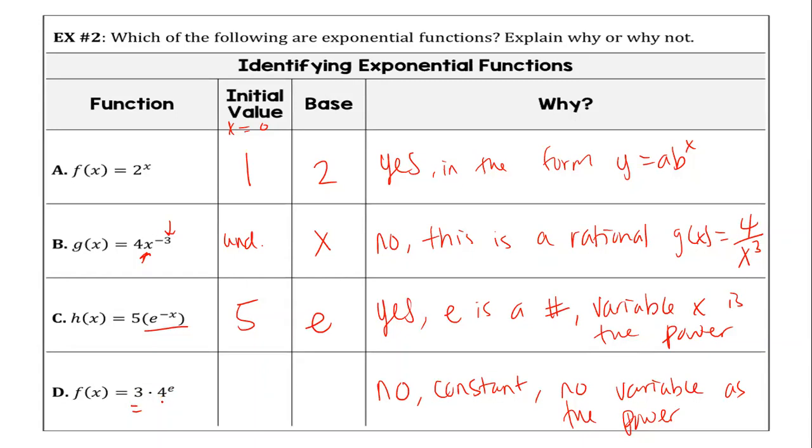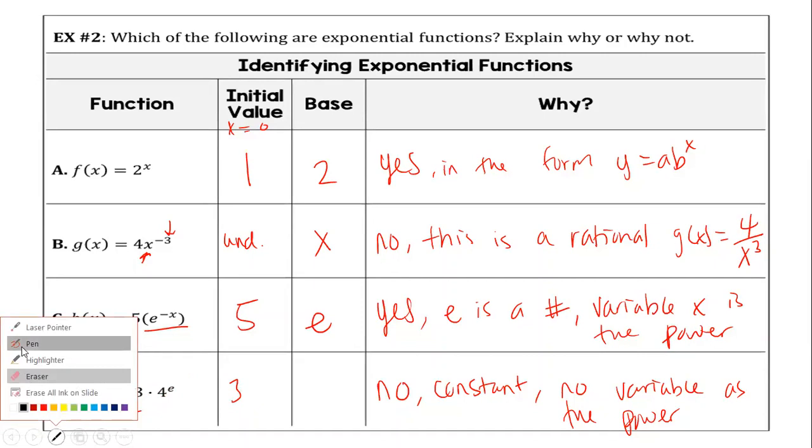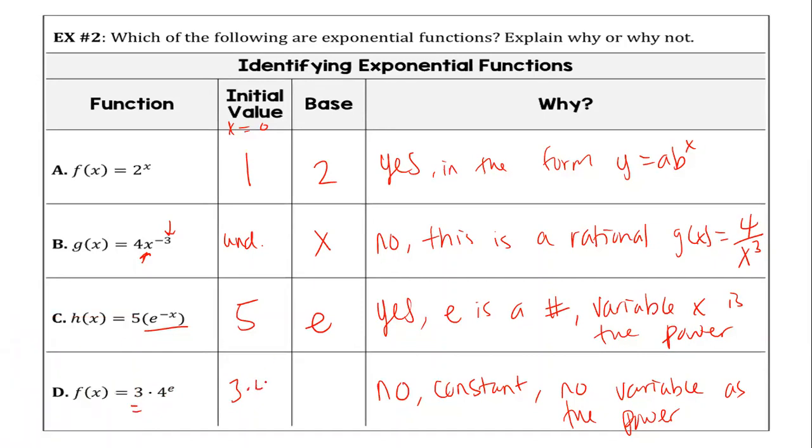The value is going to be 3 times 4 to the E, whatever that gives us. I'm just going to write 4 to the E. Our initial value is the same because it's a constant. It's a horizontal line. Does that make sense?